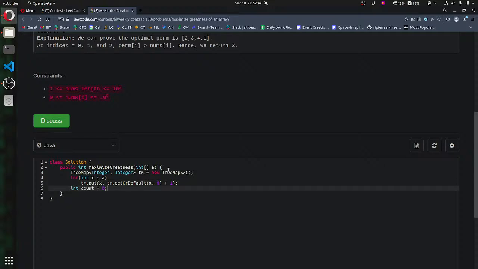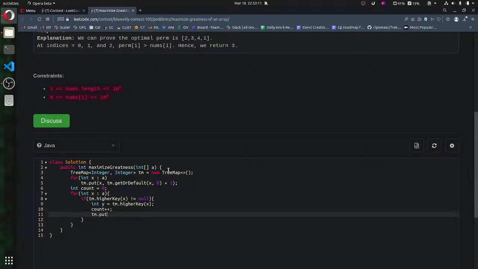and say count equal to 0, and for x in a, if tm dot higherKey x is not equal to null, and y equal to tm dot higherKey x, count plus plus, and tm dot put y, tm dot get y minus 1, and if tm dot get y is 0, we will be removing this, tm dot remove y, and returning the count.